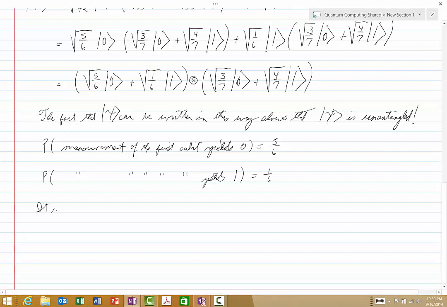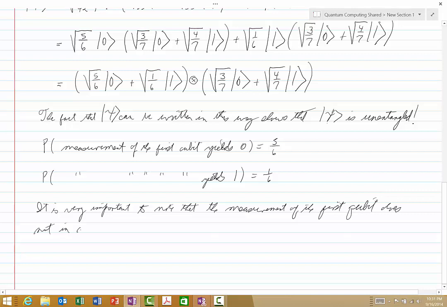it is very important to note that the measurement of the first qubit does not in any way affect the measurement of the second qubit, in this case.